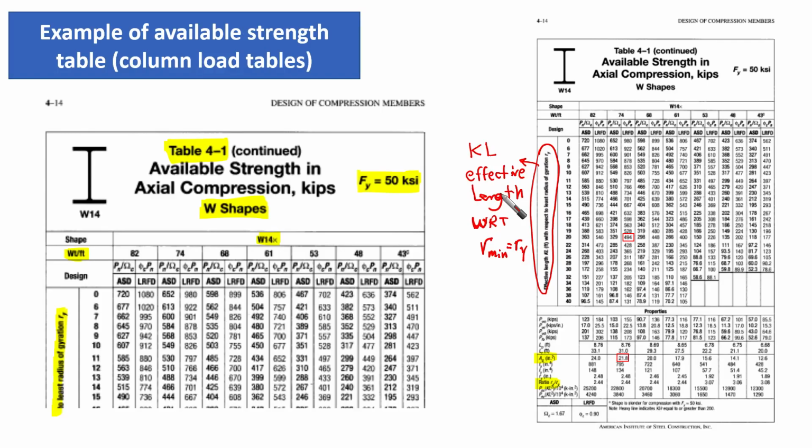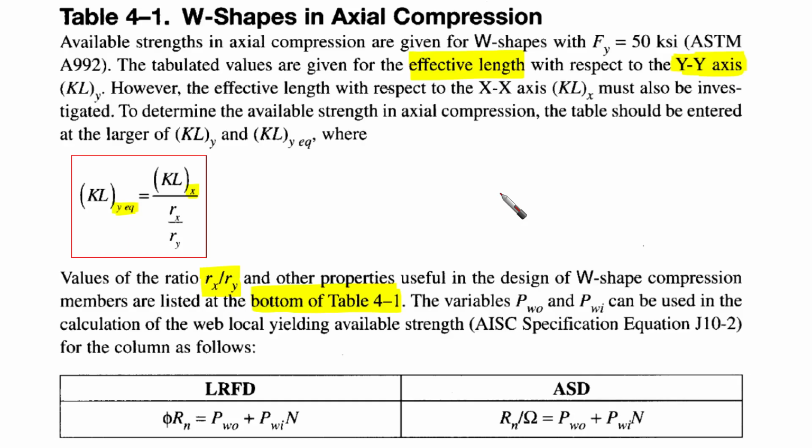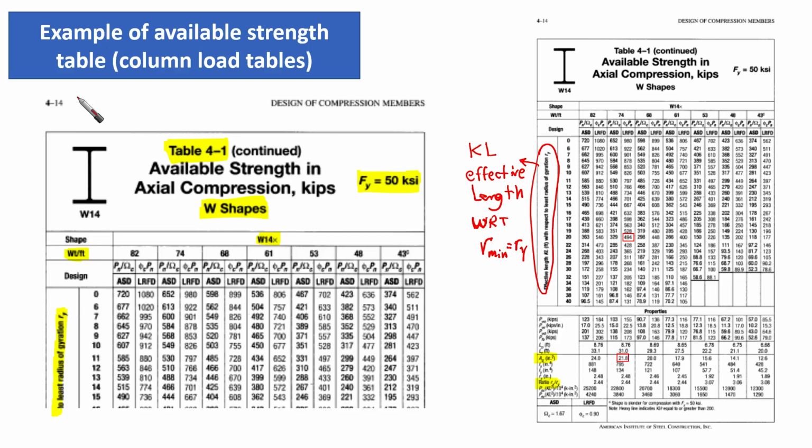Now let's go to the next point, which is some few hints about Table 4-1, especially when we are talking about this effective length, because it is a little bit confusing for some people.